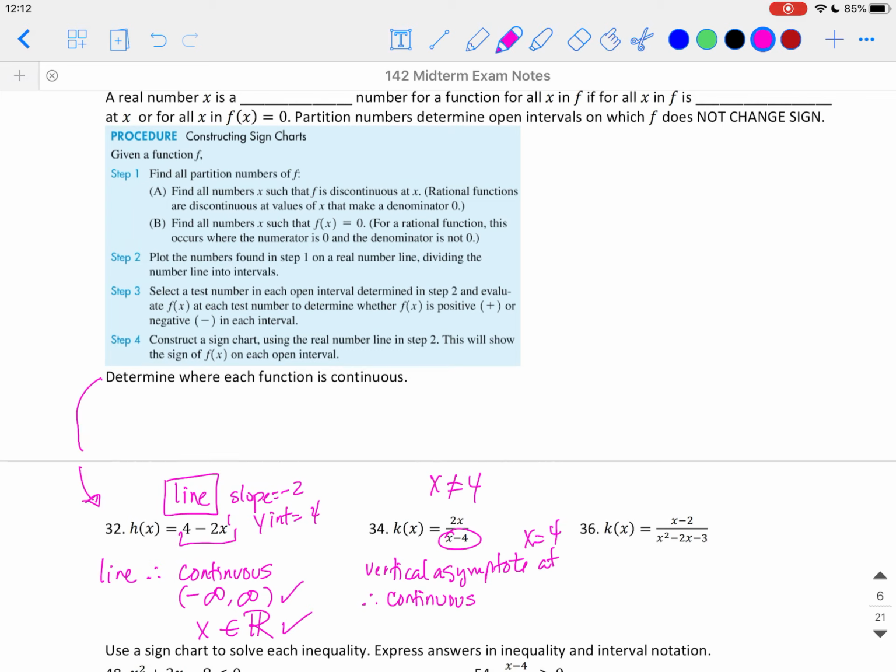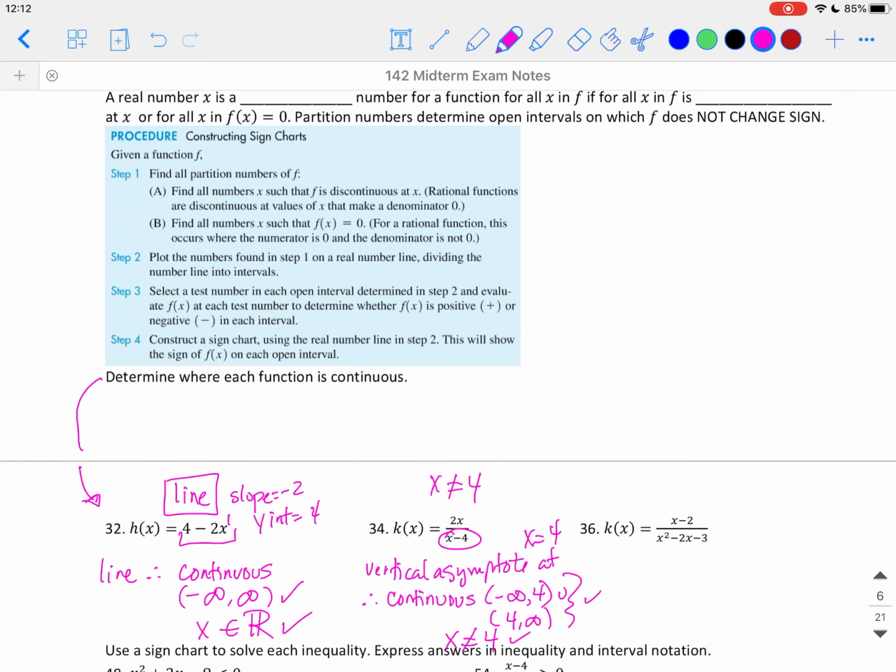It's going to be continuous from negative infinity to 4, and then a little u for the second piece, from 4 to infinity. Or we can just say that x can be any number except 4. So again, this part right here and this say the same thing.